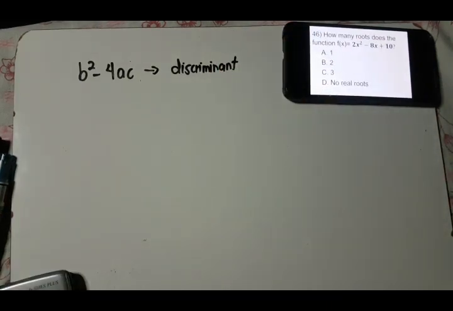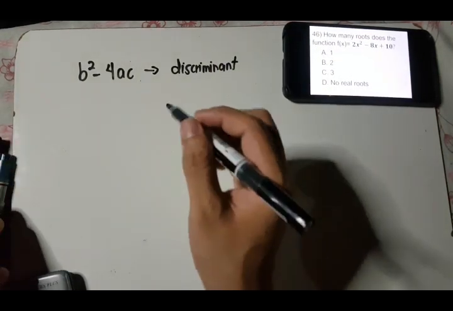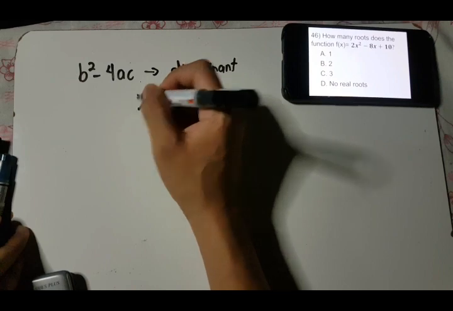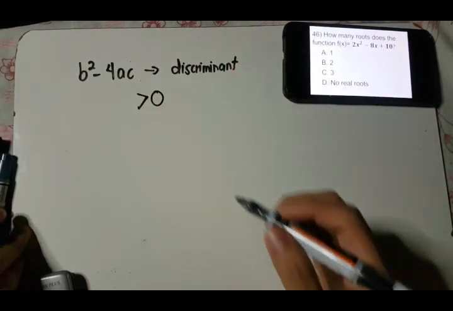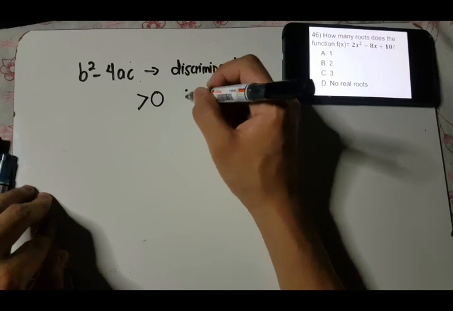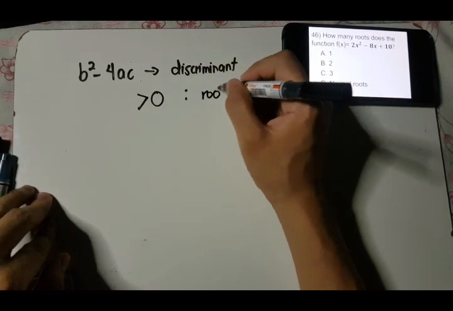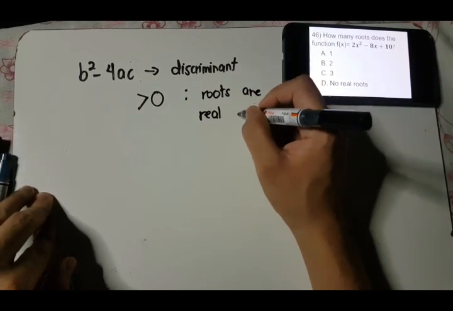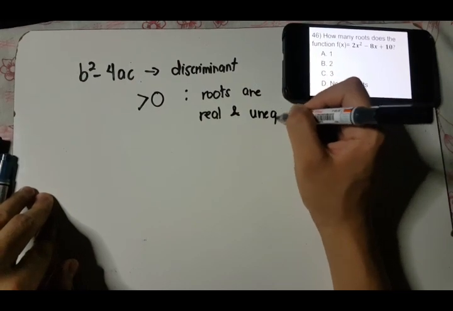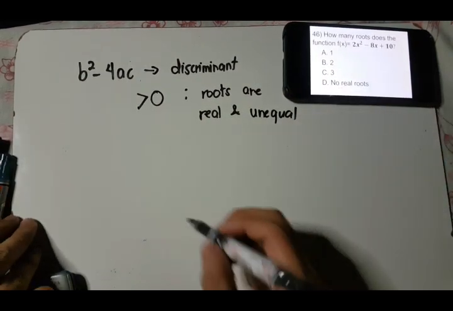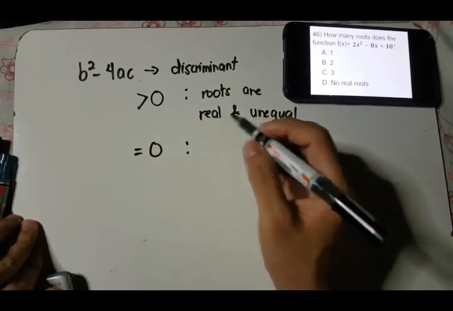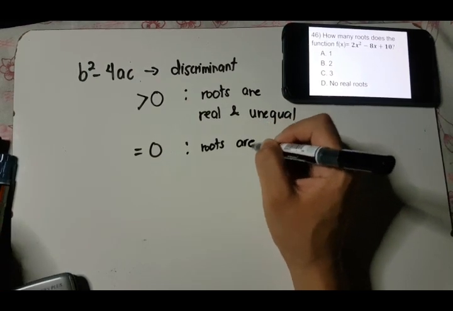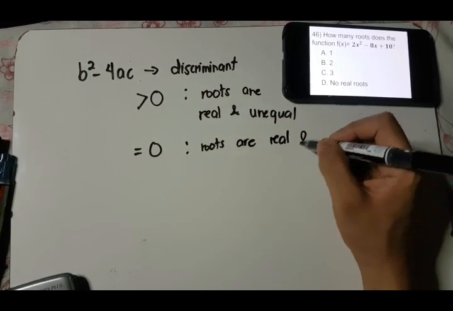So, tandaan nyo po, kapag yung result, kapag sinubstitute nyo yung mga numerical coefficients kay b squared minus 4ac, kapag greater than 0 siya, or a positive value, yung roots po are always real and unequal. Kapag equal naman siya kay 0, roots are real and equal.